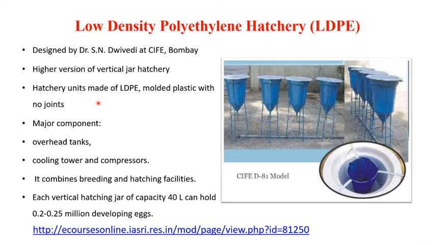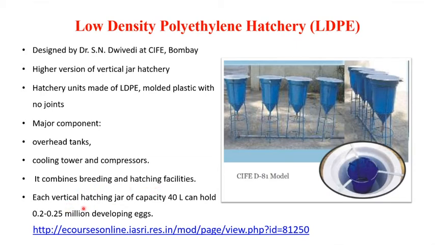This hatching unit is made up of LDPE, which is a molded plastic with no joints or welds. The major components of the hatchery include overhead tanks, cooling tower and compressors. This hatchery combines the beneficial effects of both breeding and hatching facilities.